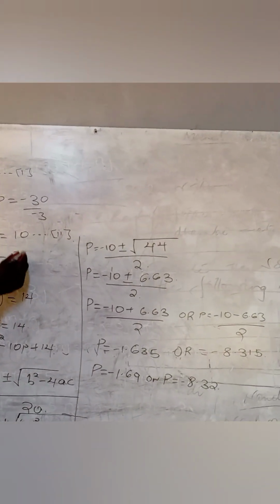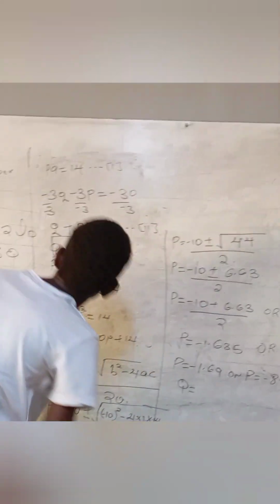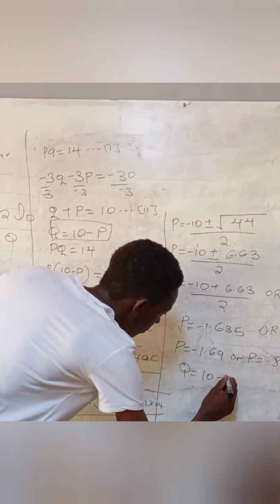So I will come back here where I have q is equal to 10 minus p.